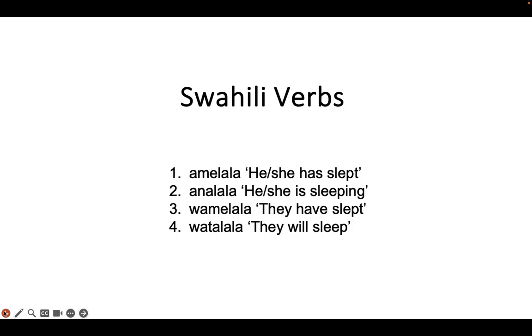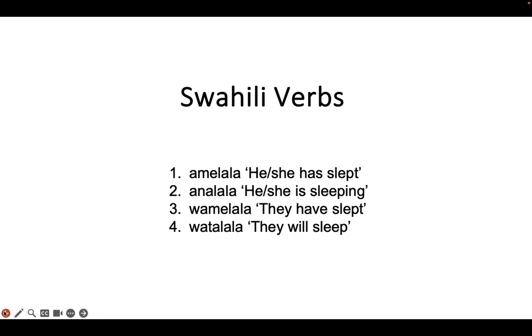Now, by comparing all the words in this word list, one thing that you should notice by looking at the English translations is that they all have the same root, which is sleep. So that means that we can start by looking for that root. If you look at all the words in this list, and see what all of these words have in common, you should notice that all of them end in lala.